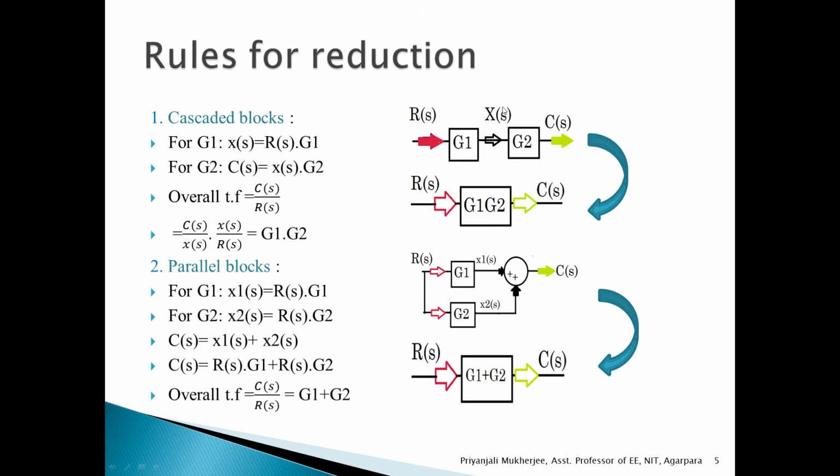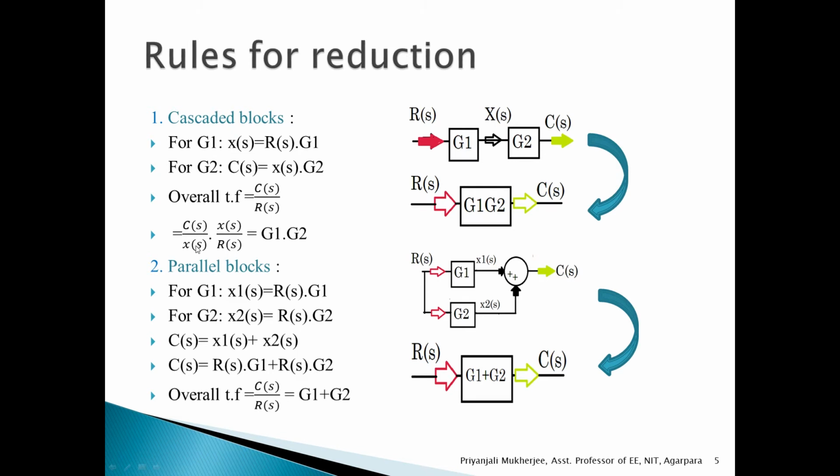Now how is it possible? For the first block G1, the output is X(s). So we can write R(s) into G1 is equal to X(s). And for the second block, that is G2, C(s) is equal to X(s) into G2. Now we have to find out the overall transfer function, that is C(s) divided by R(s). This C(s) divided by R(s) can be written as C(s) by X(s) into X(s) by R(s).